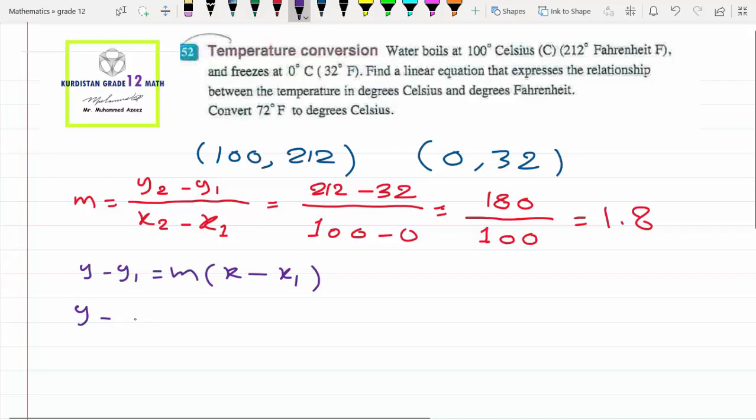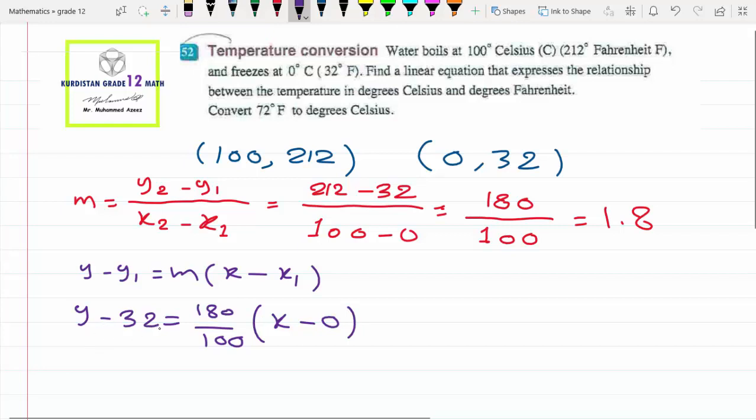y minus y1, there is 32, equals the slope. I prefer to write the slope as fraction all the time. x is a variable, minus the x1 which is 0. Let's simplify this.